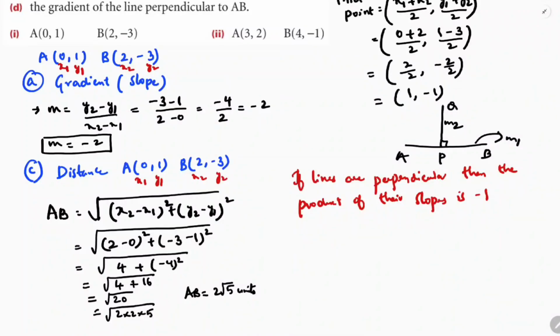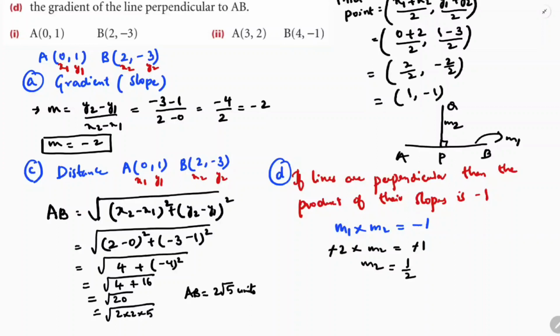So m1 into m2 is minus 1. m1, you just got the slope of AB, which is minus 2, into m2 is minus 1, minus cancels. So the perpendicular slope is 1 by 2.